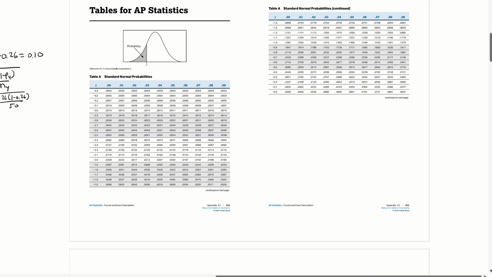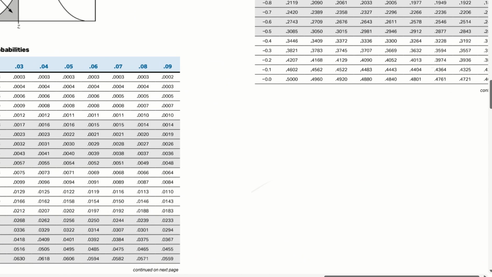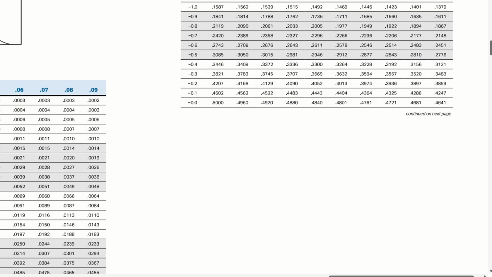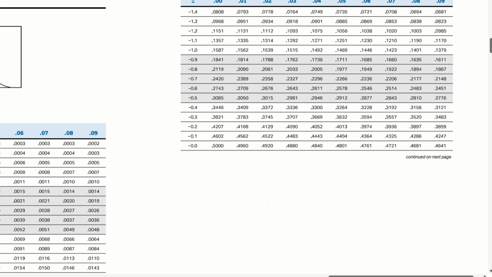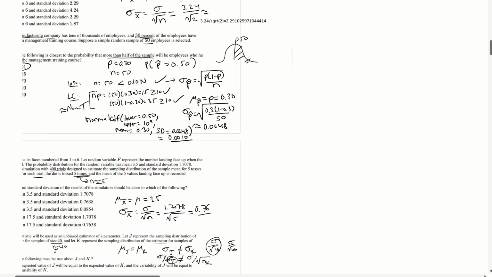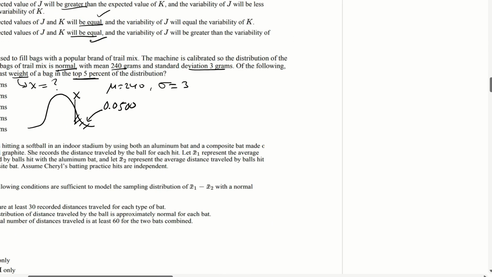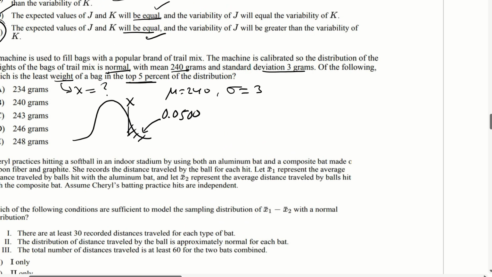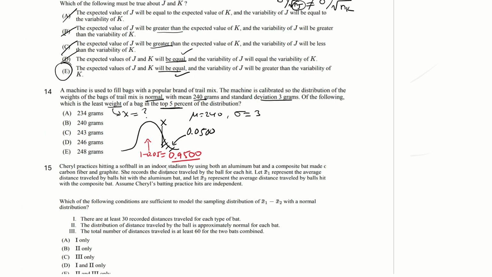Oh, actually, let's go back, because this table gives you the area to the left, right? So let's take that into account. If it's giving you the area to the left, then the area to the right is 1 minus, which is 0.9500. So we're going to look that up in the table, 0.9500.